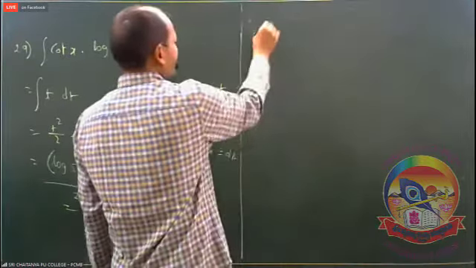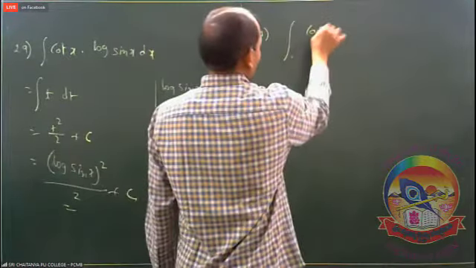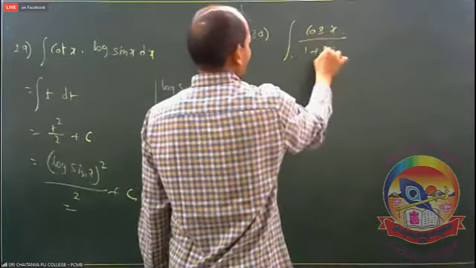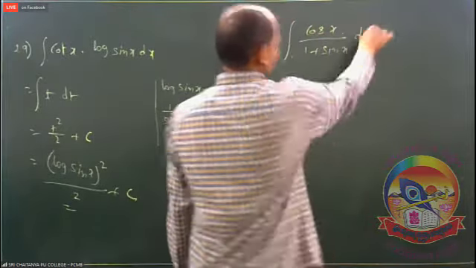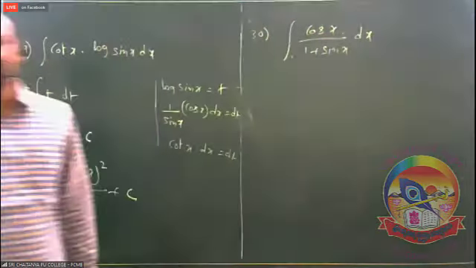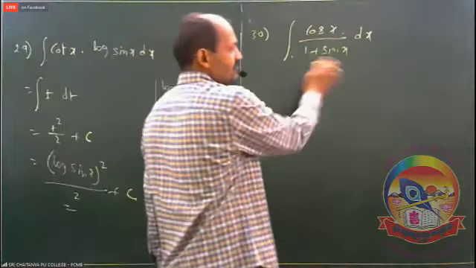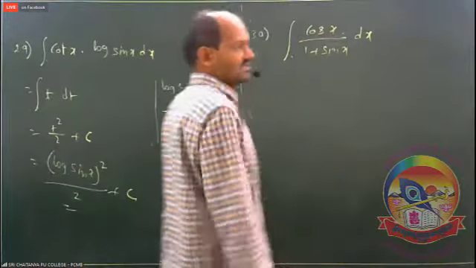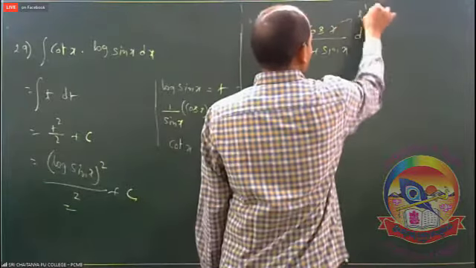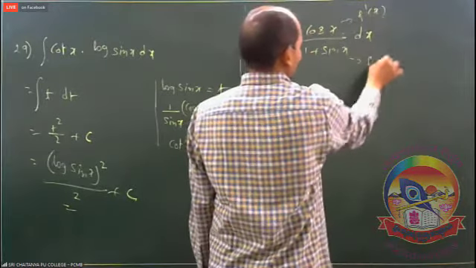30th. Integral of cos x divided by 1 plus sin x. What about the derivative of 1 plus sin x? Cos x. Clearly it is f dash of x divided by f of x.